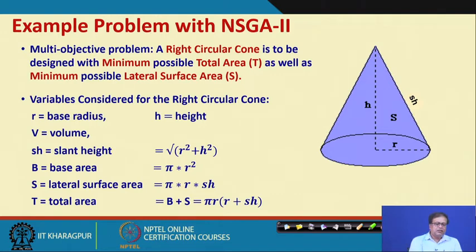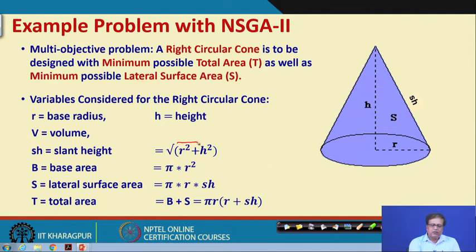So, r is the base radius, h is the height, v is the volume, sh is the slant height which is given by root over r square plus h square.